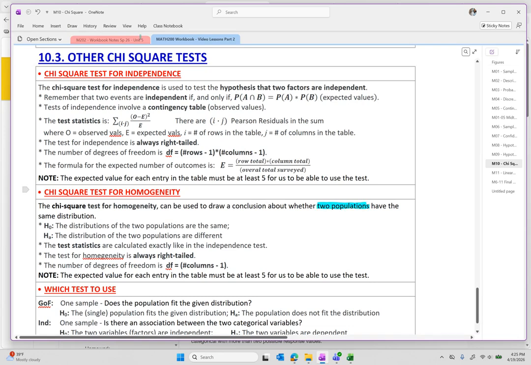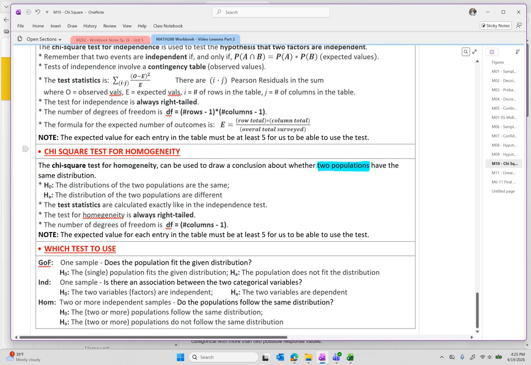It is possible to do a test for homogeneity for more than two populations, but our book mentions only two populations and assumes that each of the populations will go in its own row in the contingency table. So the null hypothesis here will be that the distributions of the two populations are the same, so it's a homogeneous distribution for either of the two. And your alternative hypothesis will be that the distributions of the two populations are different.